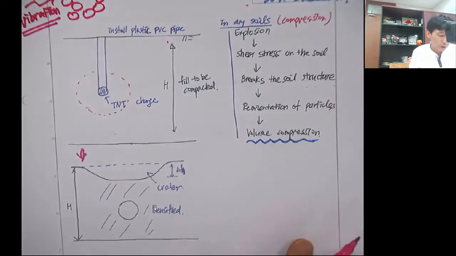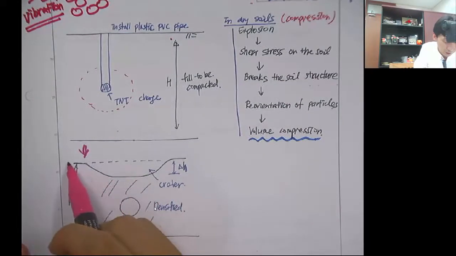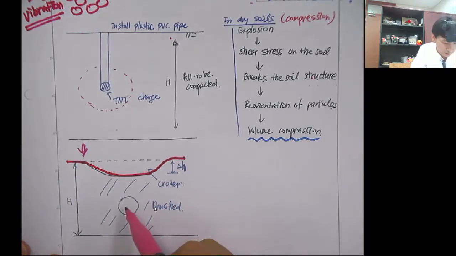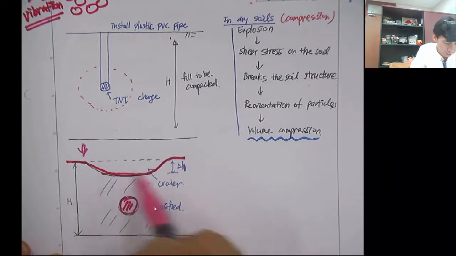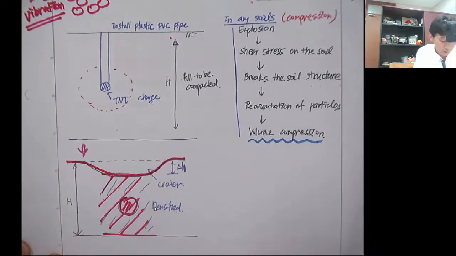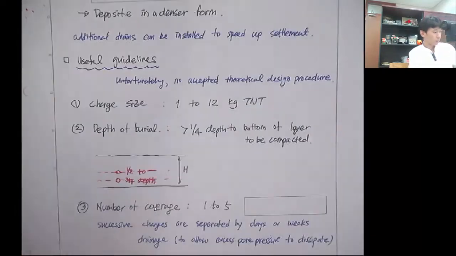At the end of the explosion, you have a crater at the ground surface. Where you detonate the dynamite, the soil around the explosive will be densified.